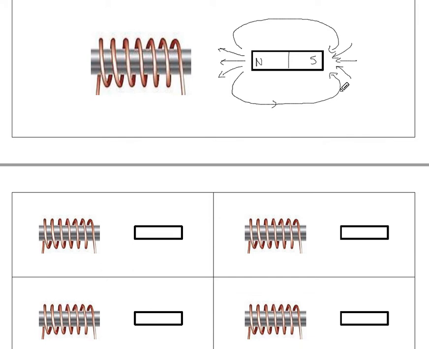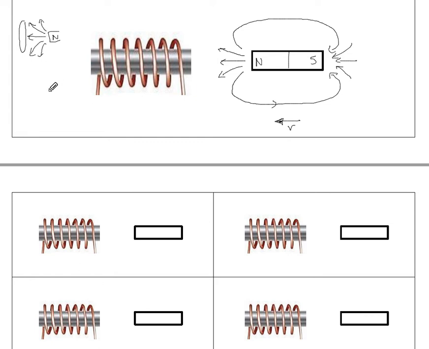So the question is, if this magnet is traveling towards the solenoid, so we're going to bring this closer, we're going to have some velocity to the left. Let me just draw it over here. When the magnet is far away, we're going to have fewer magnetic field lines passing through.